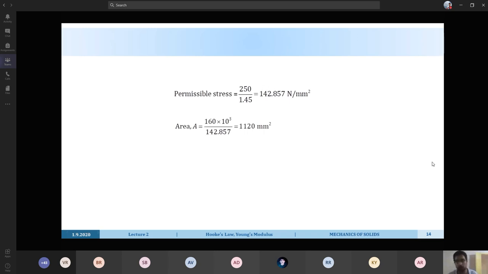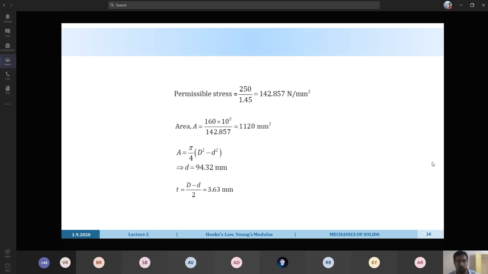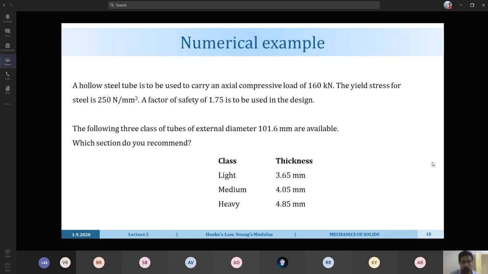That's why the term working stress. And then we can calculate the area, load by stress, and for the hollow tube we can calculate the thickness. So the class belongs to the light.